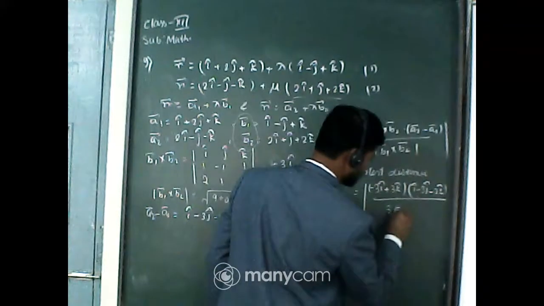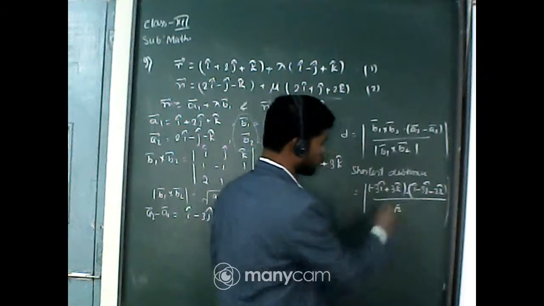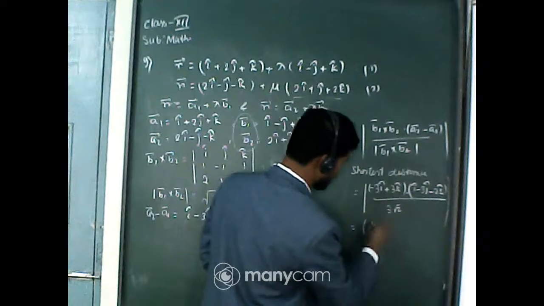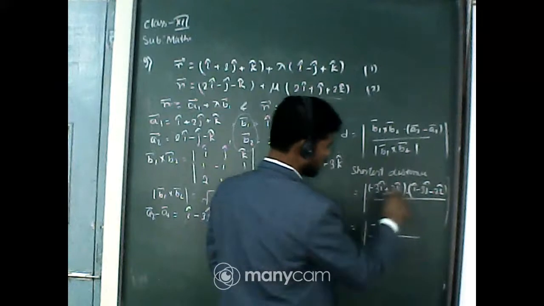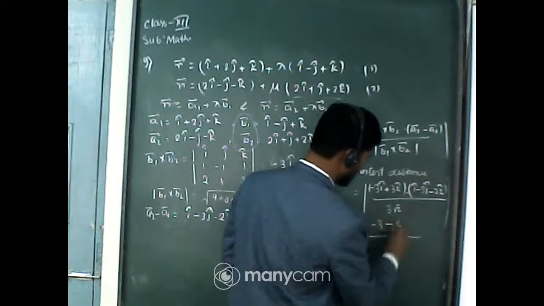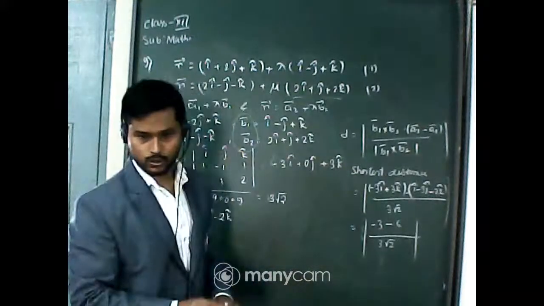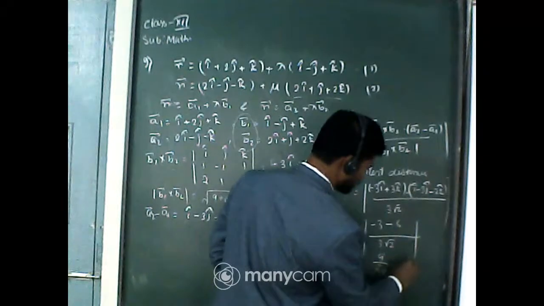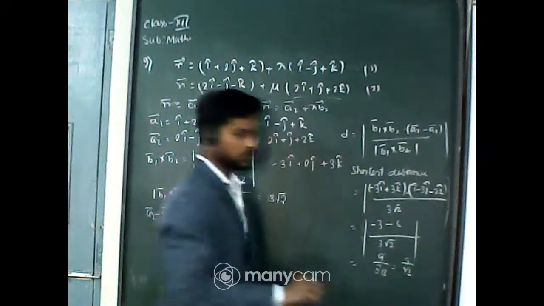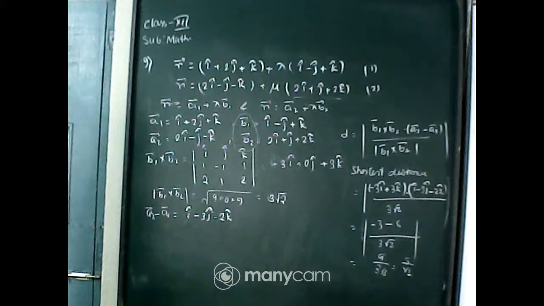Now find the dot product of these two vectors. That will be minus 3 plus 0 minus 6, which is equal to 9 by 3 root 2, that means 3 by root 2, or 3 root 2 by 2 is the answer. You can also say 3 by root 2.